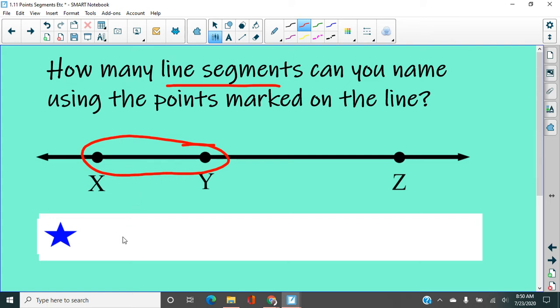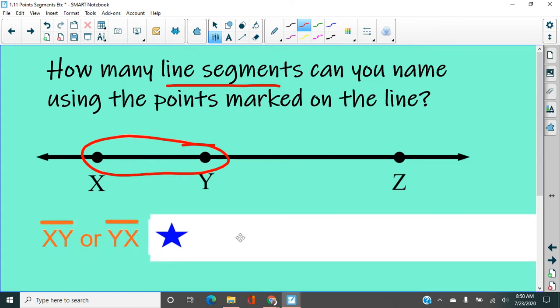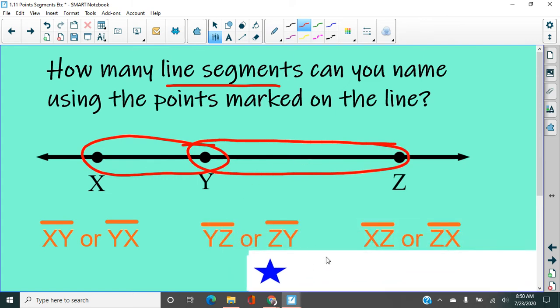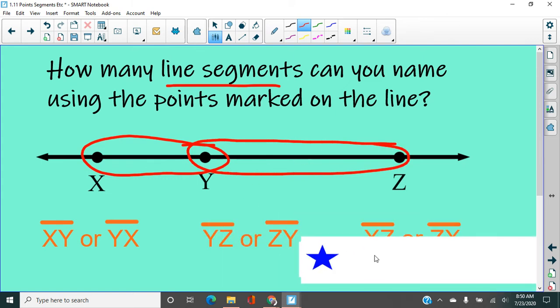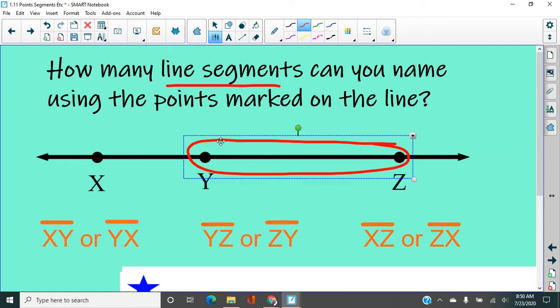And so we could call that segment XY or YX. We could also say, oh, well, maybe we'll look at this piece, and we could call that YZ or ZY. Or we could look from here to here, right? So we can really pull these line segments out of this line.